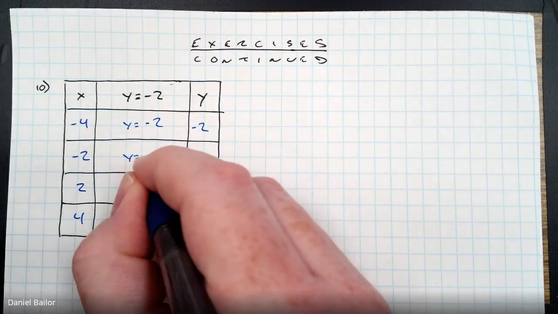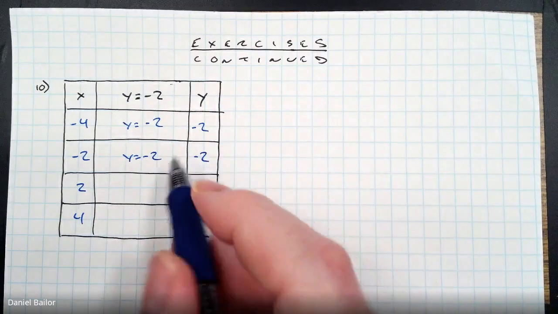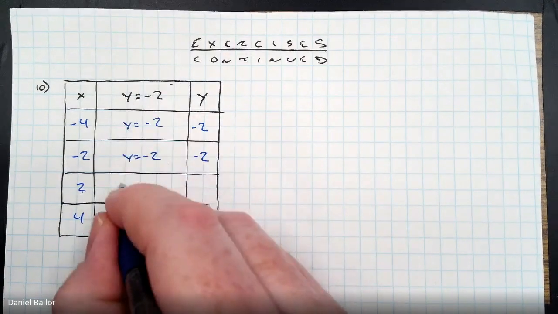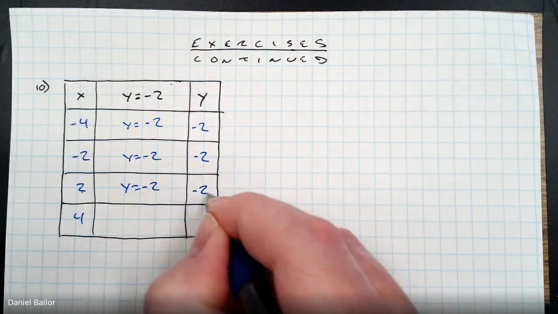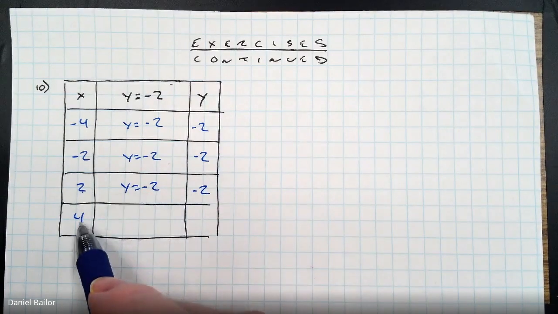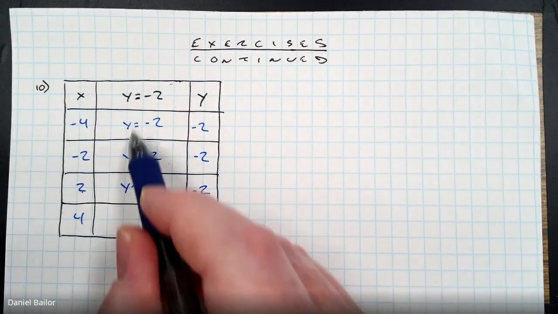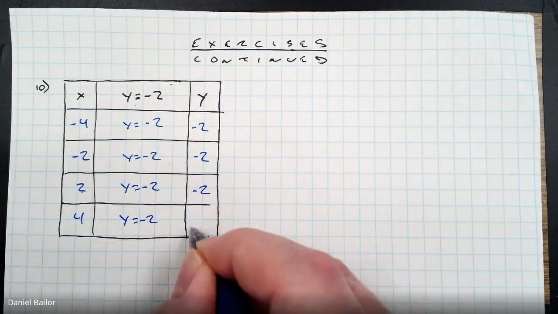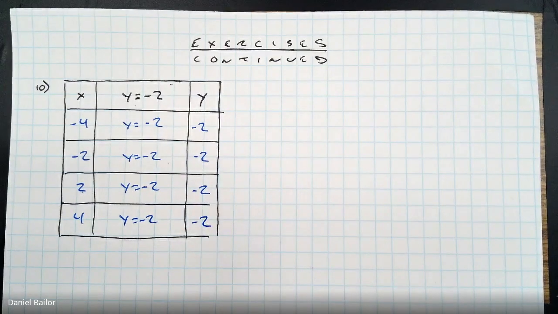So y is -2. What happens when x is 2? It doesn't matter, there's no x. So y is -2. What happens if x is 4? Doesn't matter. There's no x in the equation. So y is just always going to be -2. All the x's just turn into y is -2.